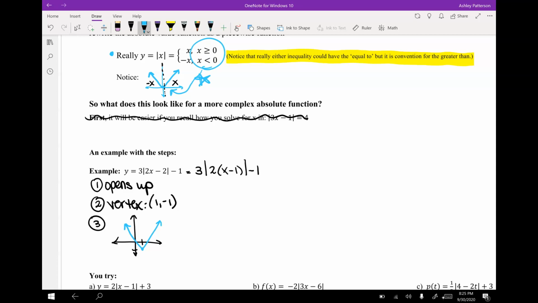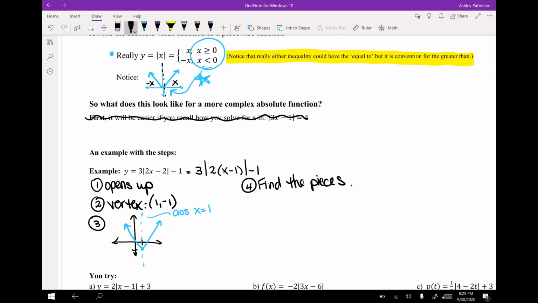You might want to write that down. The axis of symmetry is going to separate our pieces. So, since our axis of symmetry is x equals 1, 1 is going to define our piecewise domain restrictions. Okay. Step 4, we need to find the pieces.